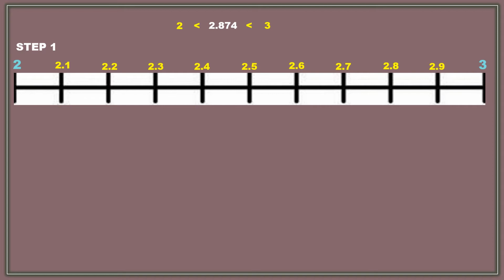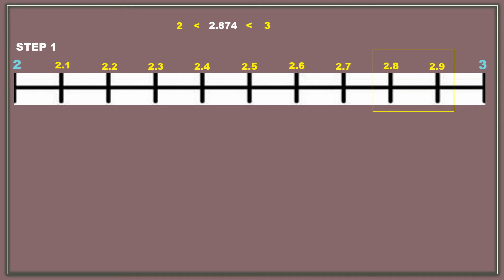First we should represent 2.8. So where is our 2.8? It is here. So we will mark 2.8, and 2.87 is after that. Means this number is lying between 2.8 and 2.9.